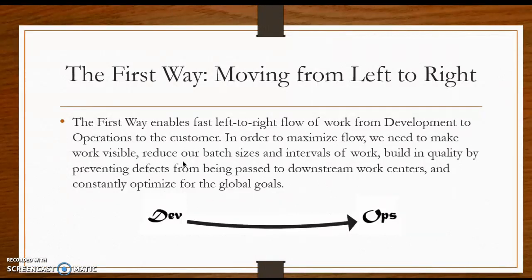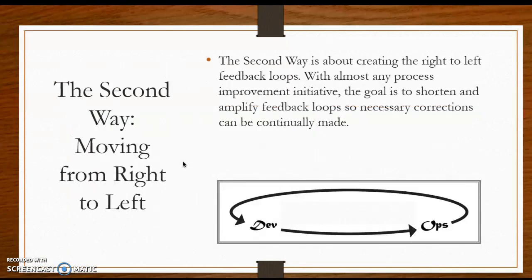So that's a very interesting point. These four principles summarize the first way: make work visible, reduce batch sizes, build in quality, and optimize the global goals.